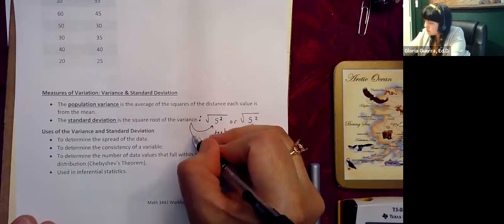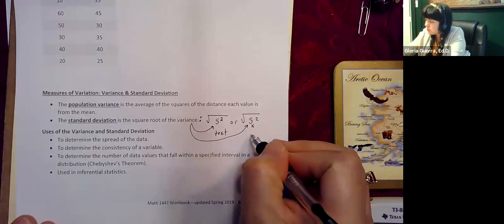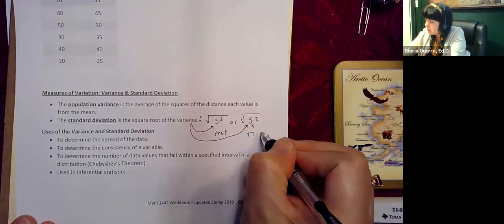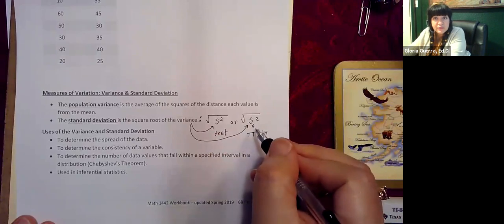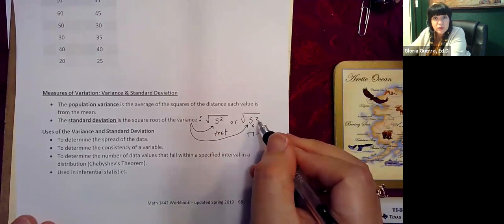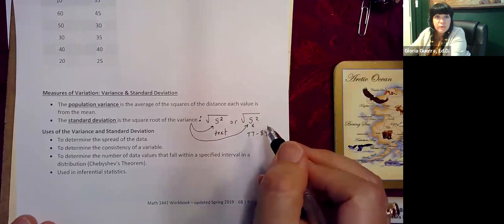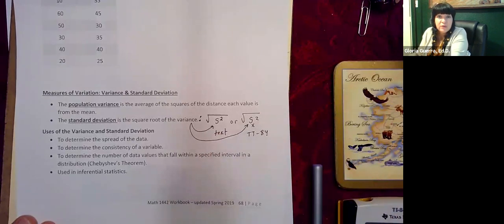That's also a symbol for variance, and this one comes from your calculator, TI-84. Okay, so I'll show you that in a little bit as we do problems. But remember it's quantity squared. So when you're trying to calculate the standard deviation and you do know the variance, they're saying you can take the square root of it.